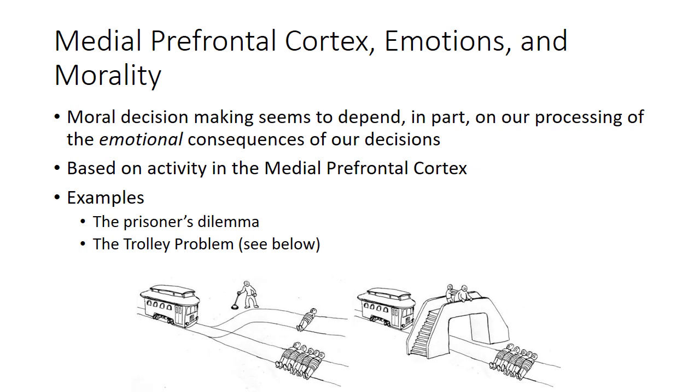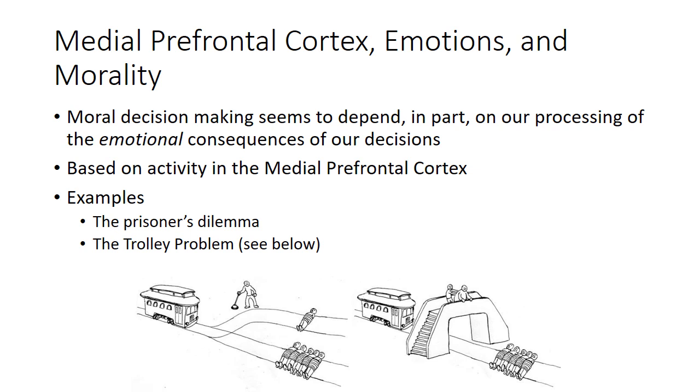And moral decisions on these kinds of tasks seem to depend in part on our processing of the emotional consequences of our decisions. And this is based on activity in the medial prefrontal cortex. So the trolley problem below is a classic example, right? There's a trolley running down the track. It's either going to hit 5 people or 1 person. Should you pull this lever to move the trolley so that it'll run over just 1 person versus 5, right?